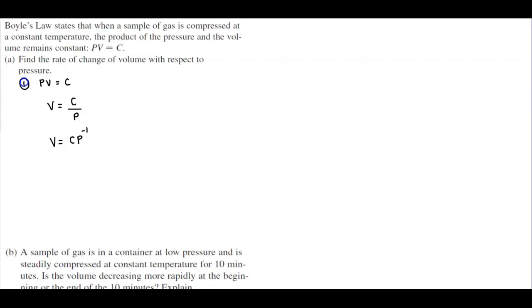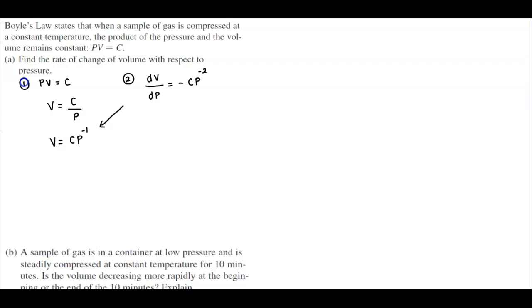So now we want to find the derivative of V with respect to P. To find the derivative of that function, we're going to take -C times P to the -2nd power.